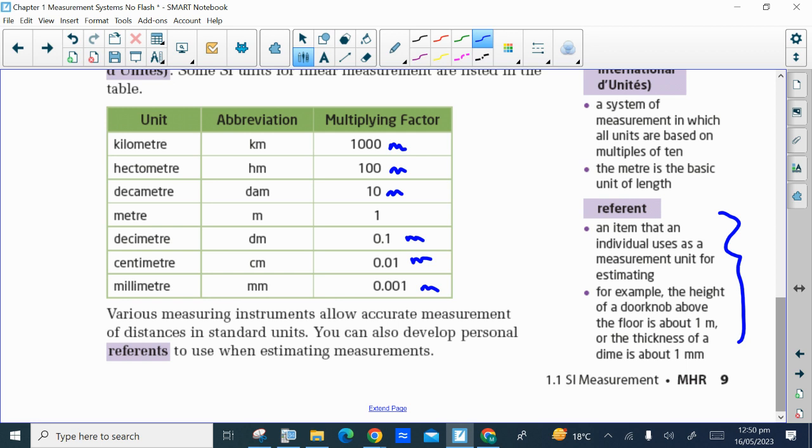Obviously, depending on how long your legs are, some strides are longer than others, but this is an average for an adult. So that's probably the most common referent that people use often.